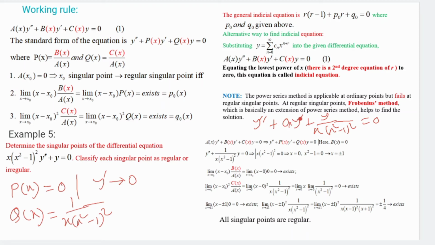That means the coefficient of y prime is 0, so p of x is 0.